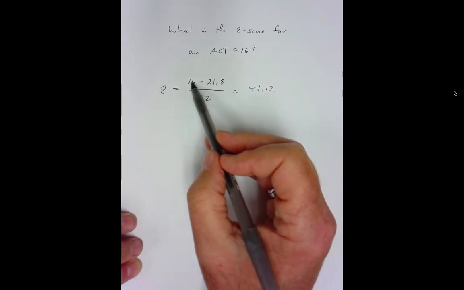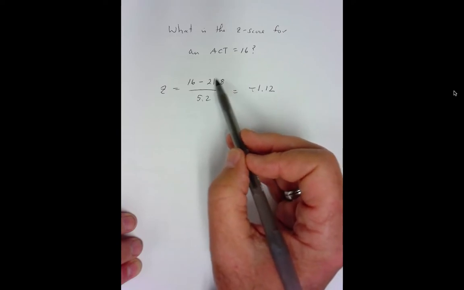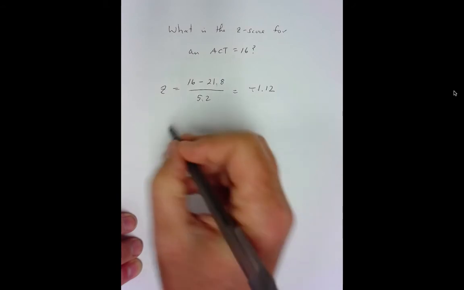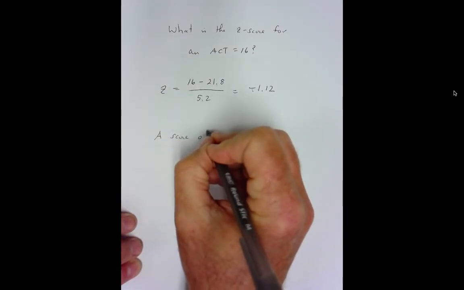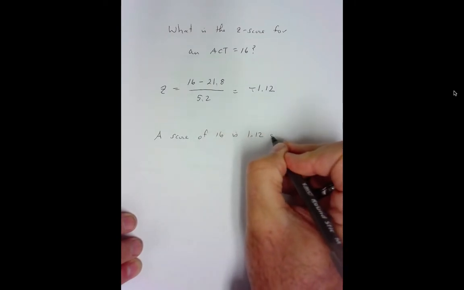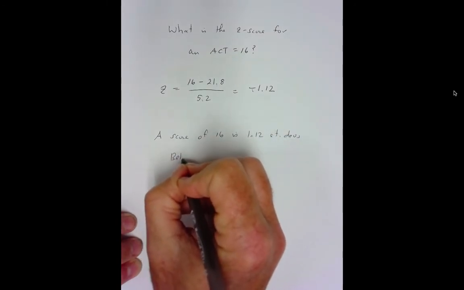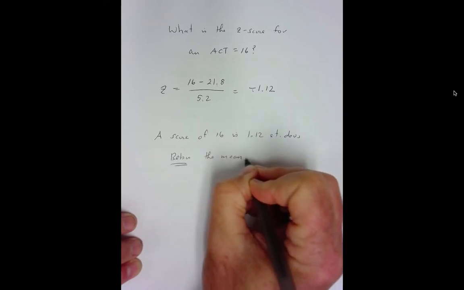If the score is below the mean, then this subtraction is going to give me a negative number divided by a positive, which gives me a negative number. So we can summarize by saying a score of 16 is 1.12 standard deviations below the mean.